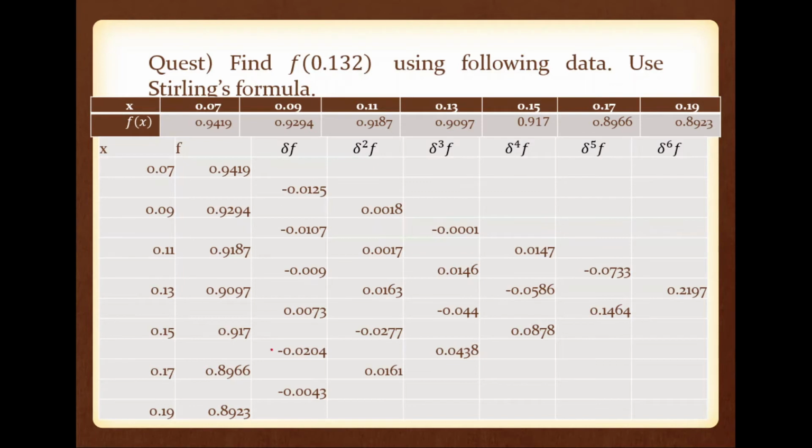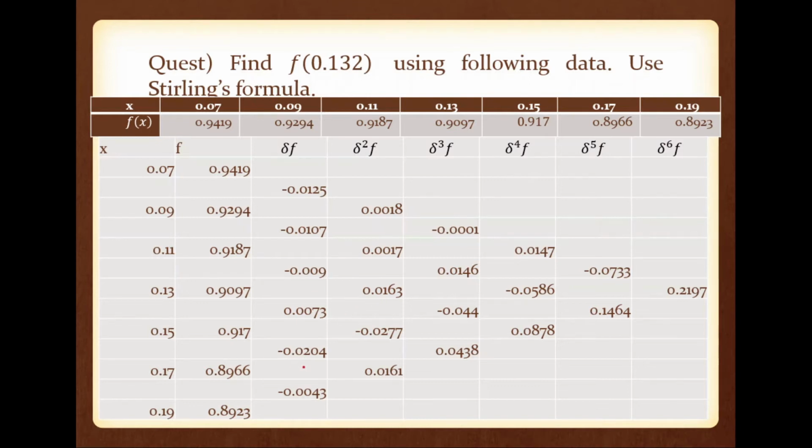Using this data, we have to find the second order central difference. How are we finding it? Minus 0.0107 minus minus 0.0125 is 0.0018. Similarly, minus 0.009 minus minus 0.0107 is 0.0017. Then 0.0073 minus minus 0.009 is 0.0163.